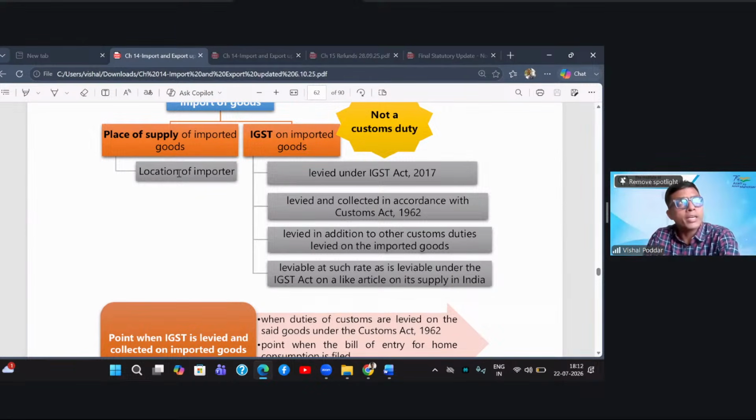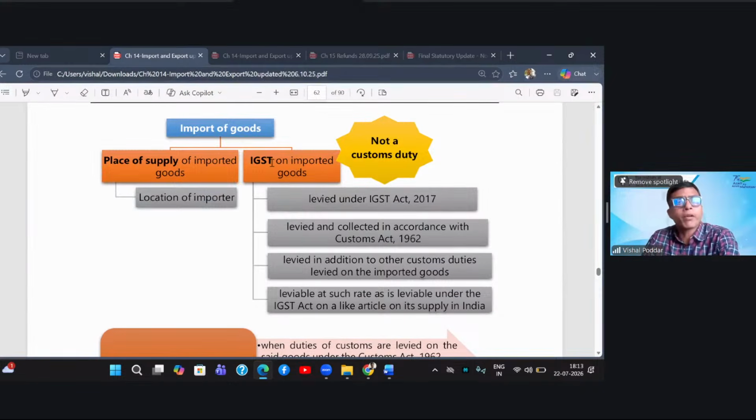So in order that the ITC is easily available to the importer sitting in MP, Bhopal, the law is drafted to make the location of importer the place of supply, and not the place of import. Now, importantly, what will be levied on this import of goods is firstly different types of customs duty and obviously the IGST.